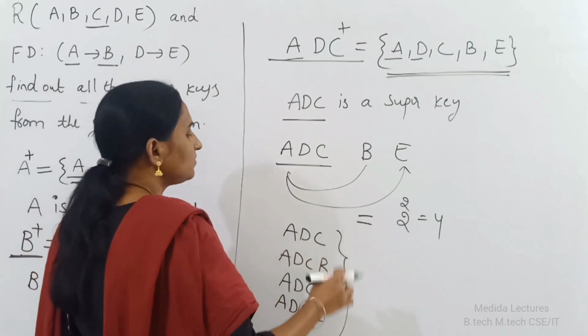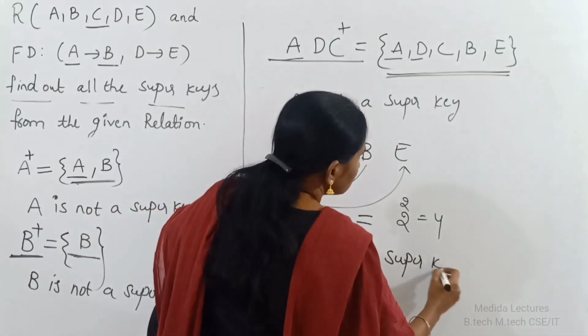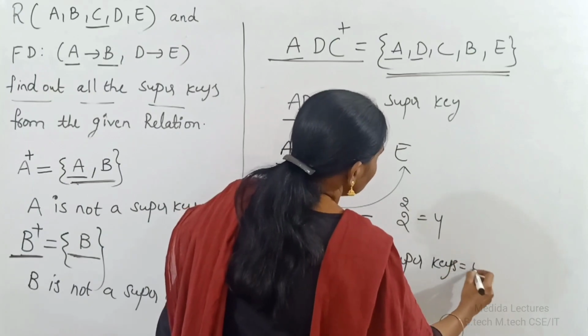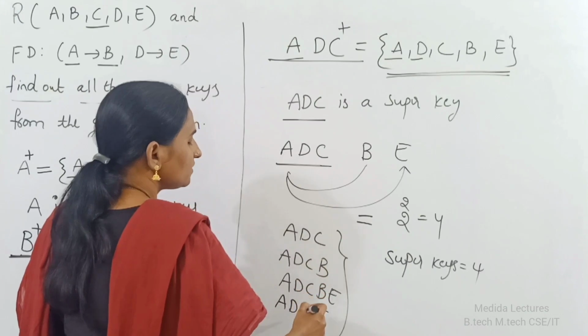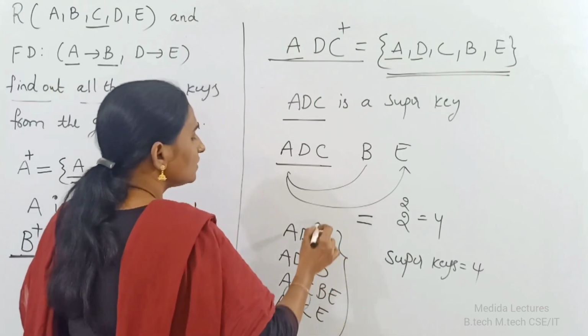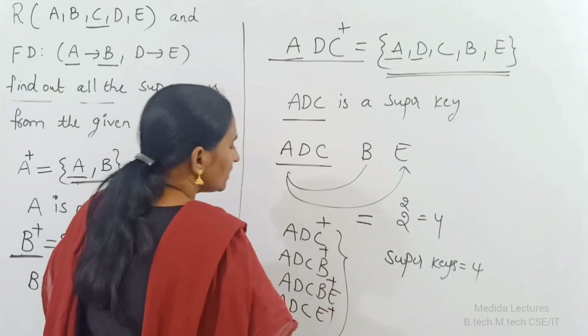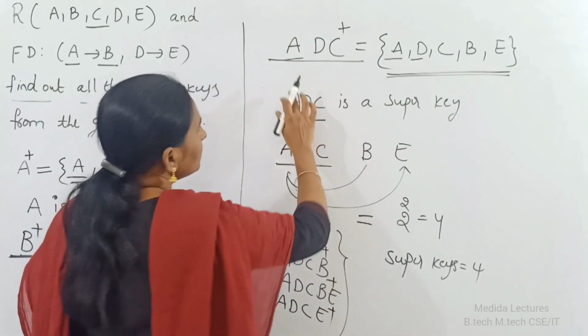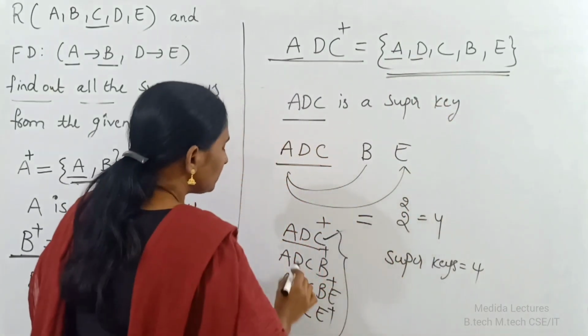So for this problem, the total number of super keys equals 4. How do we check whether these sets of attributes are super keys or not? If you have any doubt, find the closure. ADC, I already found, consists of all the attributes, so it is a super key.